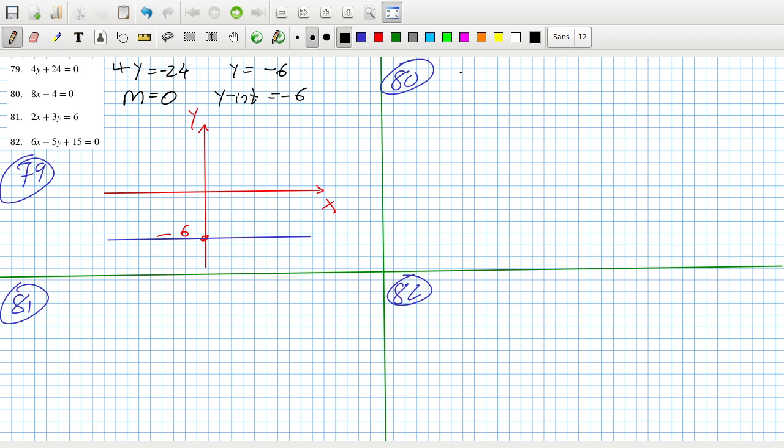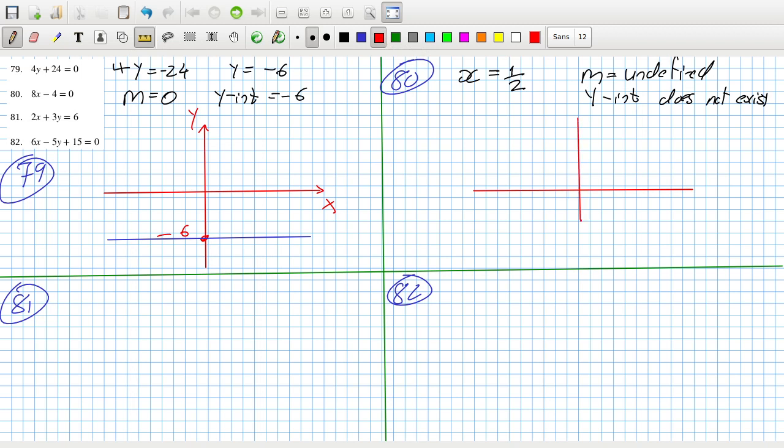Okay, the next one, when you rearrange it, you just get x equal to 4 over 8, which is a half. That one there is undefined slope, and the y-intercept does not exist. Because what's happening here is at x is a half.